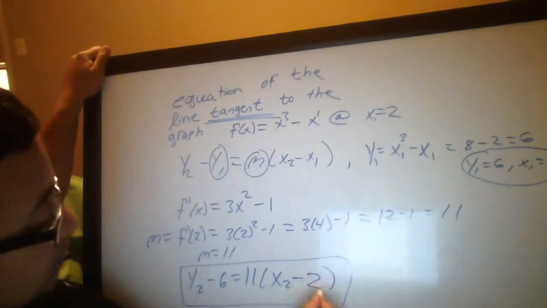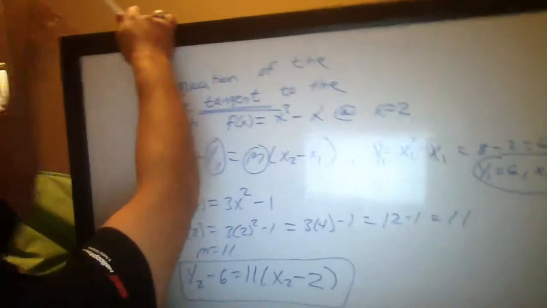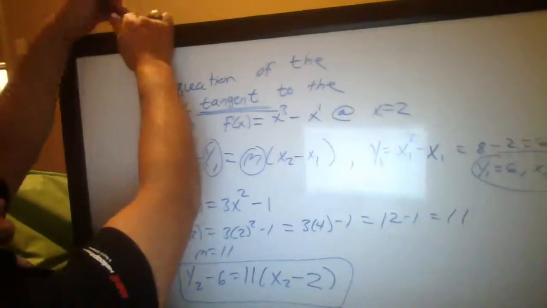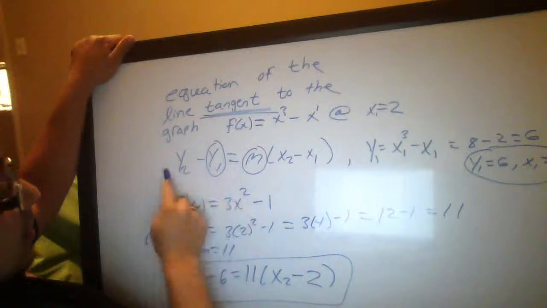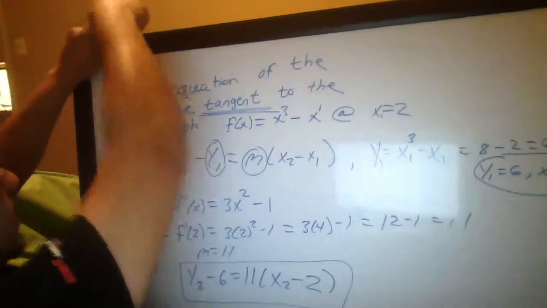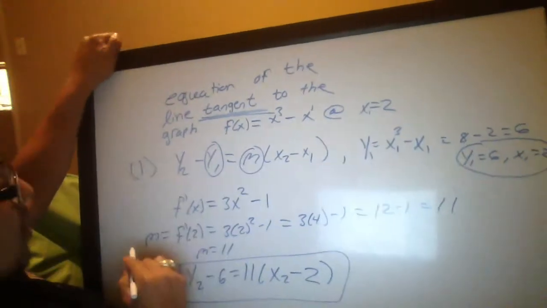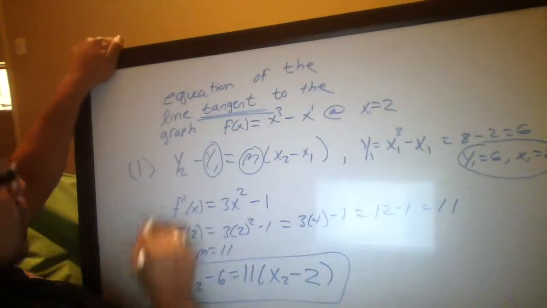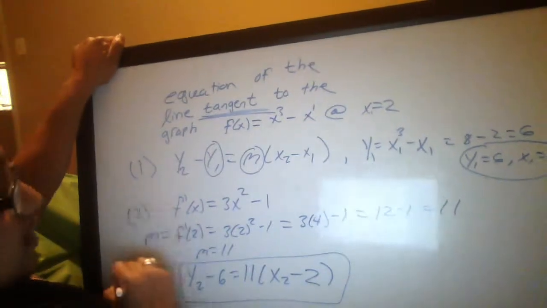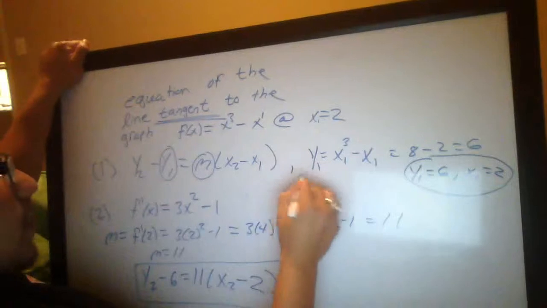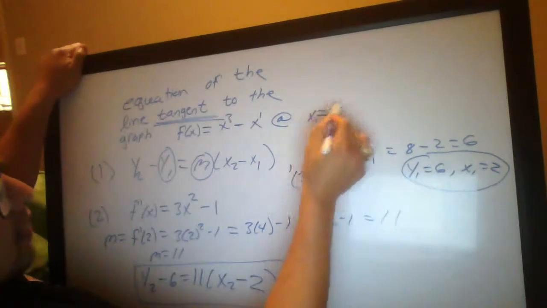So I hope I didn't confuse you on that one. Step 1 was to write the equation of a line. Step 2 was to take the derivative to find the slope. Step 3, find y1 with the given x1, which is 2.